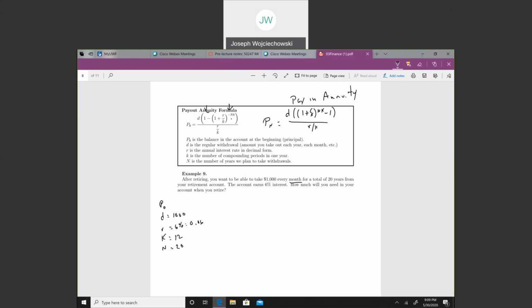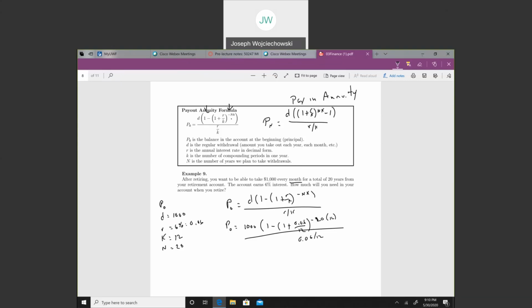So looking at our formula here, our principal is equal to D times 1 minus 1 plus R divided by K to the negative NK, all over R divided by K. We know D is 1,000 times 1 minus 1 plus 0.06 divided by 12 to the negative 20 times 12, all over 0.06 divided by 12.